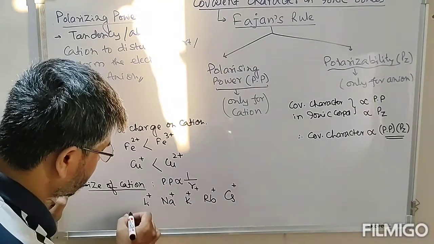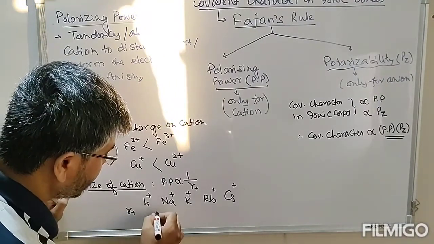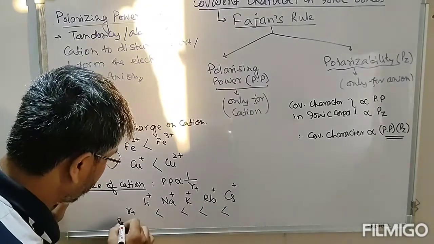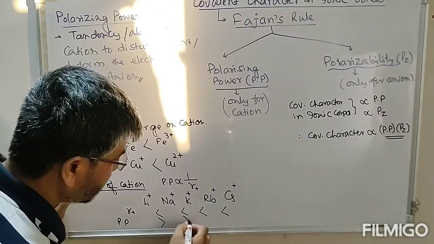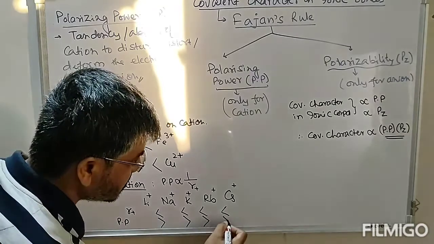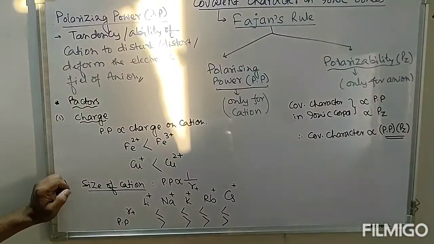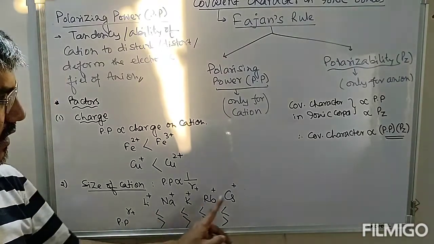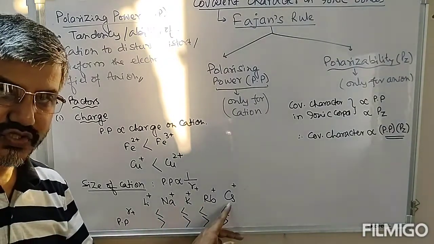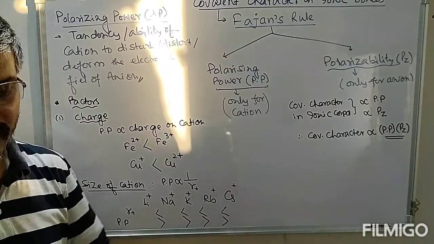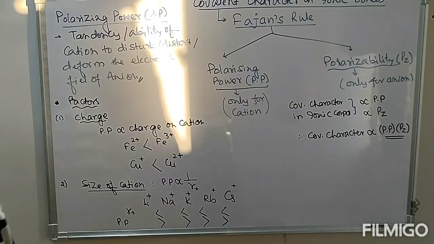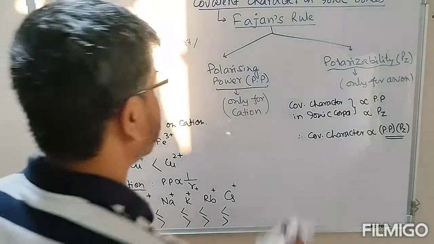So the compounds formed by lithium will be more covalent, and the compounds formed by cesium will be more ionic. So this is based on the size of the cation. Polarizing power is inversely related to the size of the cation.